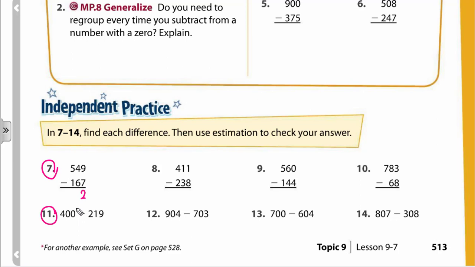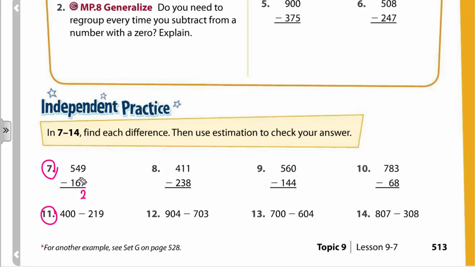Now 4 minus 6. Again, you are repeating the same mistake. You said 6 minus 4. It is 4 minus 6, so we cannot.